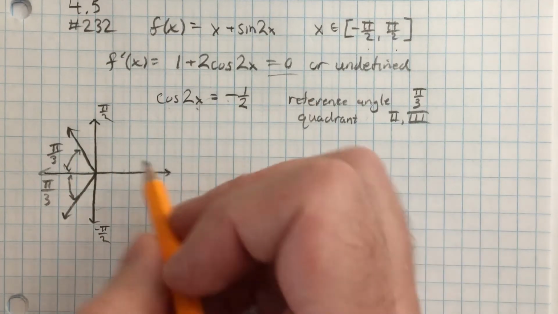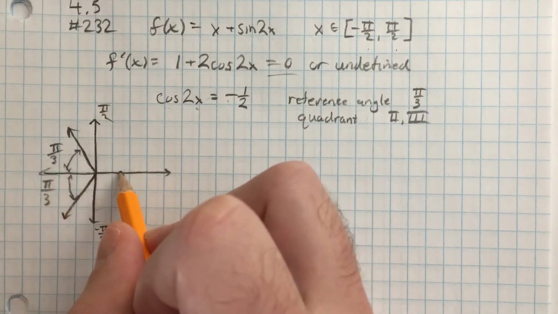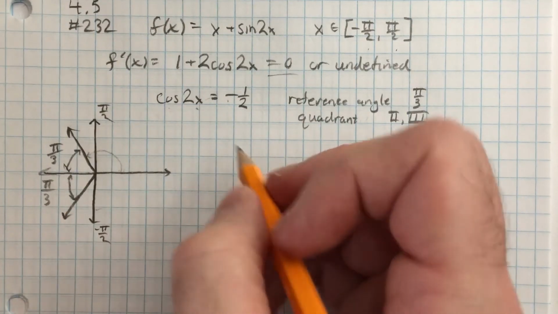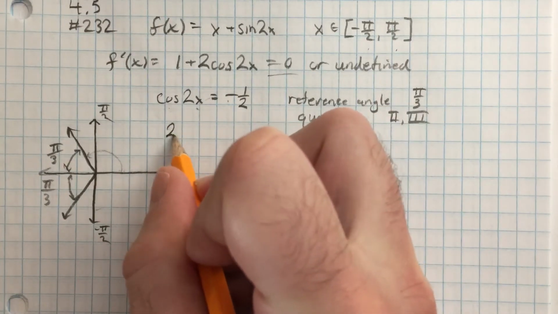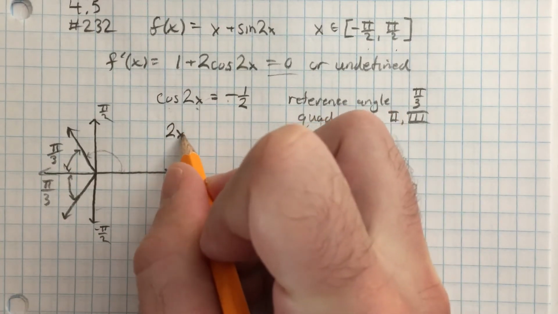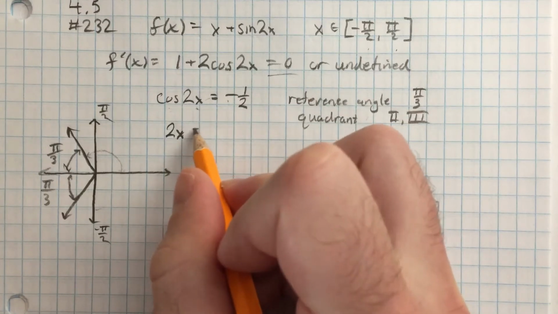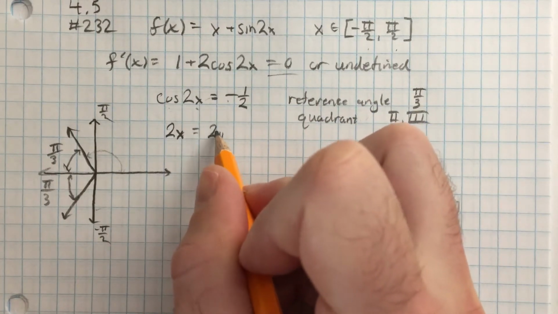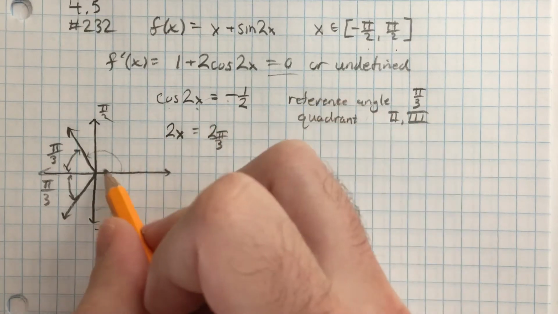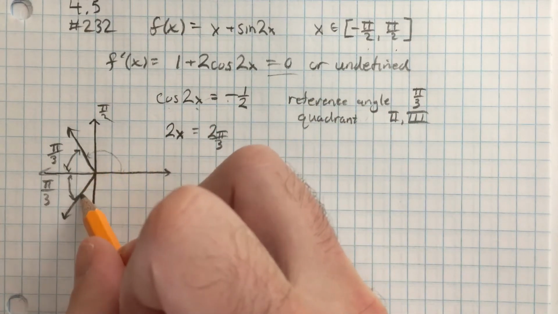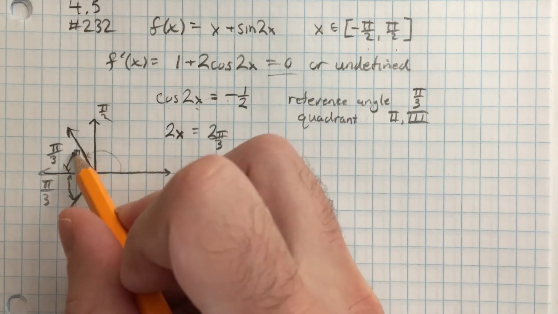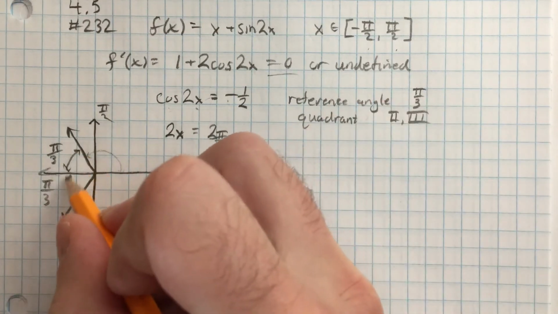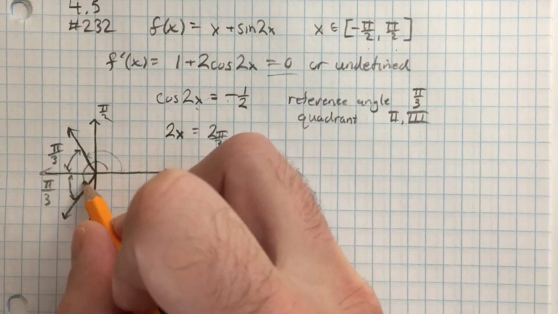Right now, the actual angle measure here is 2 pi on 3. So 2x, not just x, could be a value like 2 pi on 3. And if it went a little bit further, it would be 2 more pi's on 3 later, 4 pi on 3. Another pi on 3, another pi on 3, and that gets us all the way around to here.